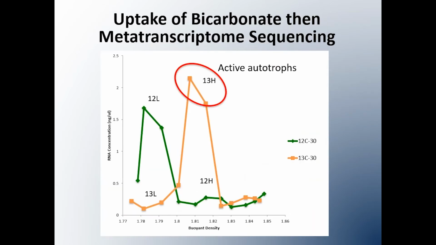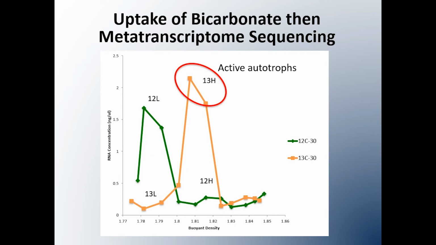From the density fractionation and subsequent RNA precipitation, we create these graphs. The green line shows the control with the 12C labeled bicarbonate, and 12L means that it's light in the 12C labeled bicarbonate. The orange line shows the result of the 13C incubation, and the 13H means that it's heavy in the 13C label.